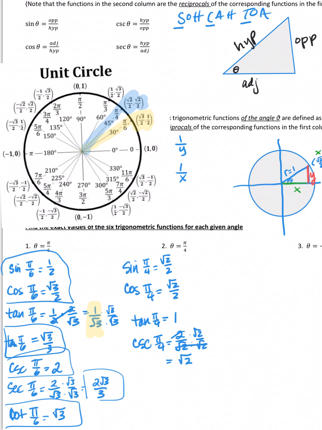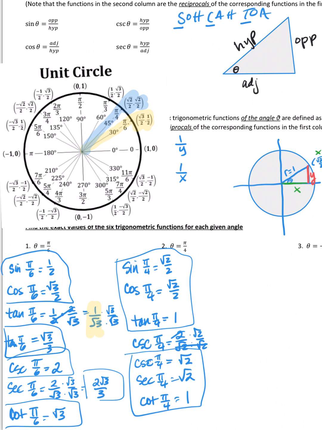That's the cosecant of pi over 4. And then the secant, wouldn't it be the same since the sine is the same? So it's still the square root of 2. And the cotangent, well, when you flip over a 1, you still get a 1, right? So there you go. There's those 3.